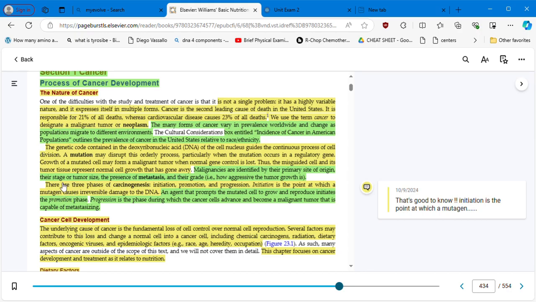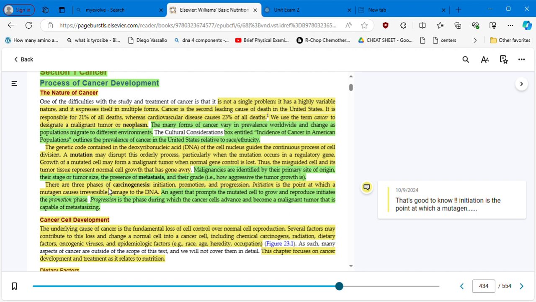Their stage or tumor size, right? Is it a small or a big tumor? How many lymph nodes are compromised? And then the presence of metastasis: to what other organ is this disease spreading, okay?